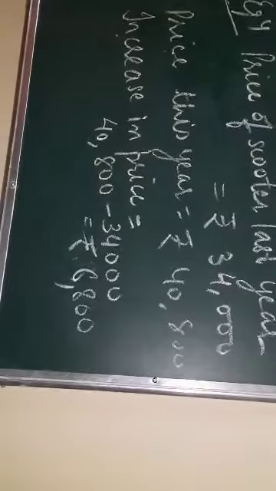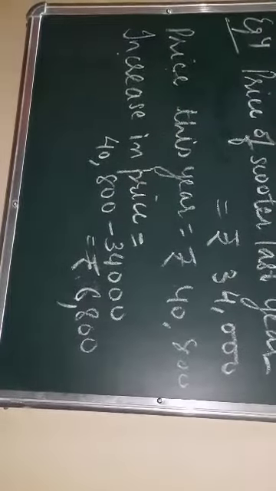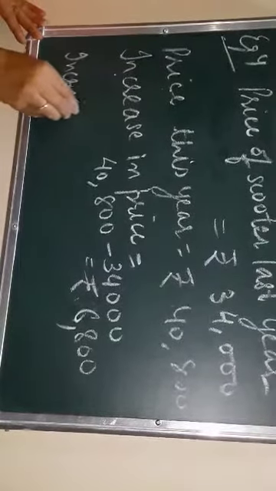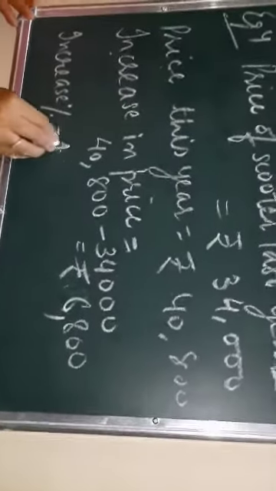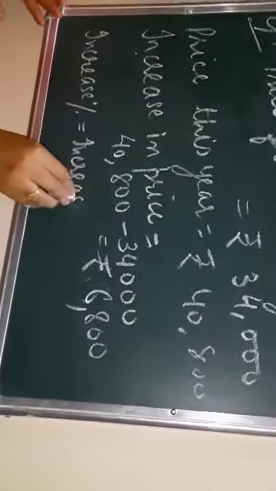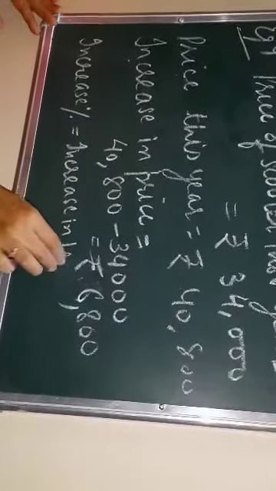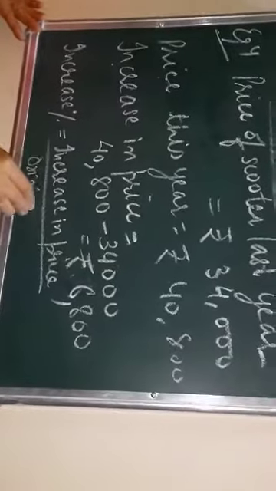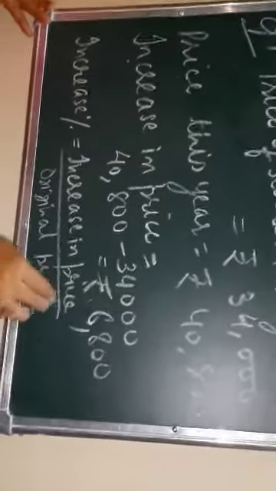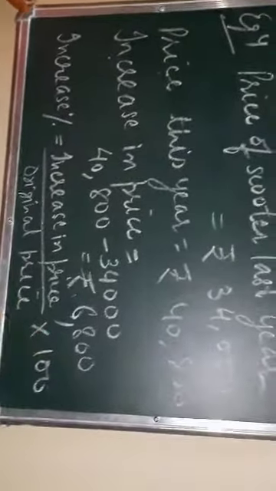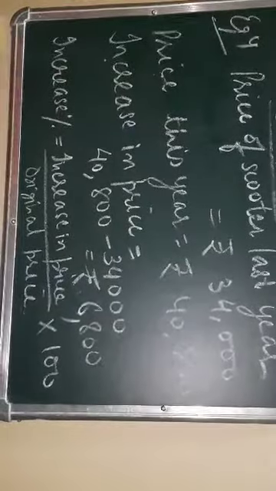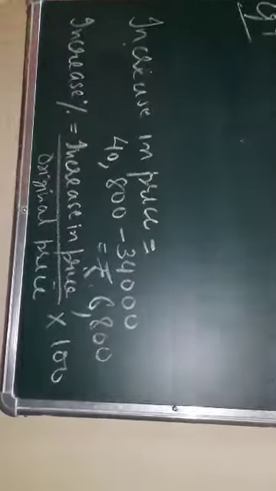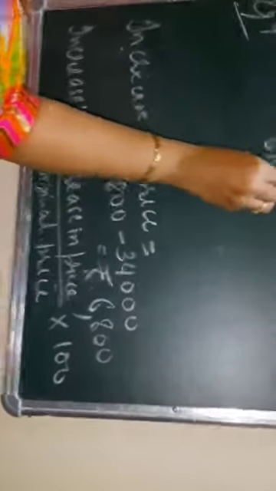Now it is asked in the question, find the increase or decrease percent. So for finding increase percent, we'll apply the formula: increase in price upon original price into 100. Just put the values and solve it. Increase in price is 6,800.